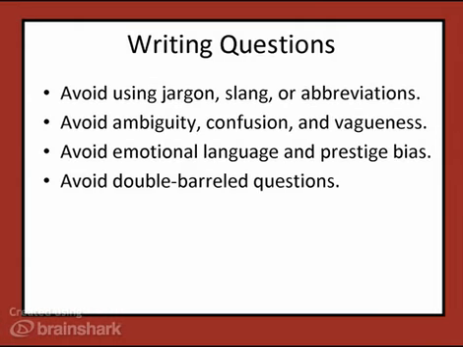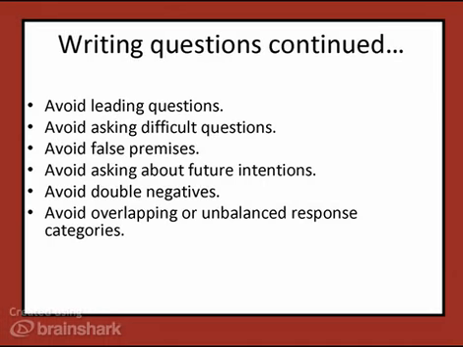There are some things you want to avoid in terms of writing your questions, in terms of the use of language or jargon, abbreviations. You want to be very clear and concise. You want to avoid emotional language or bias in your questioning, and you want to avoid double-barreled questions. Again, it's a real art in terms of writing survey questions, because you don't want to lead the respondent to answer in a certain way.